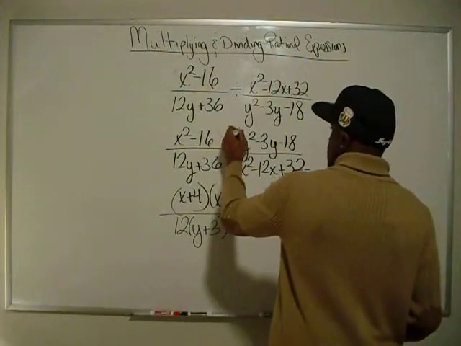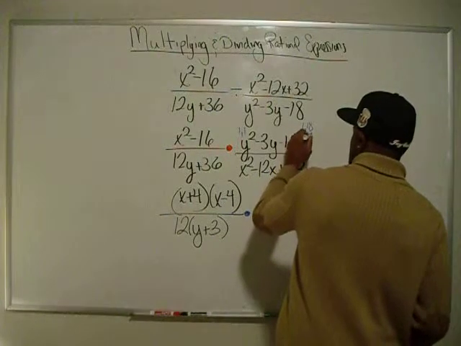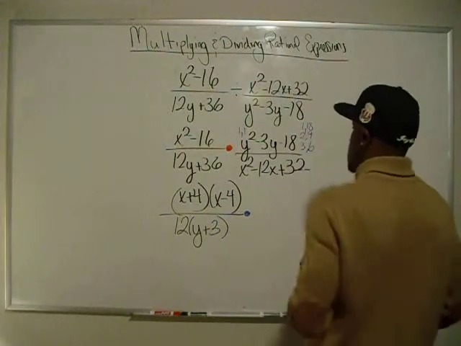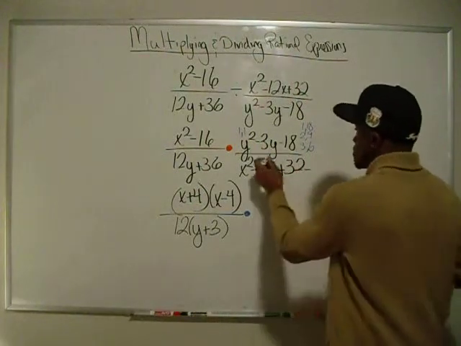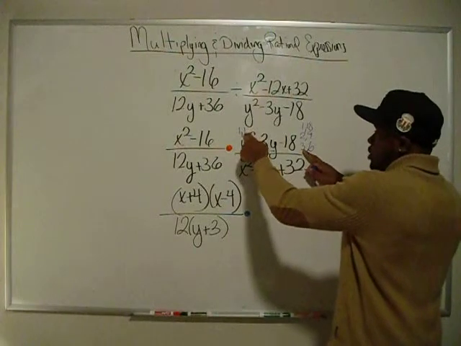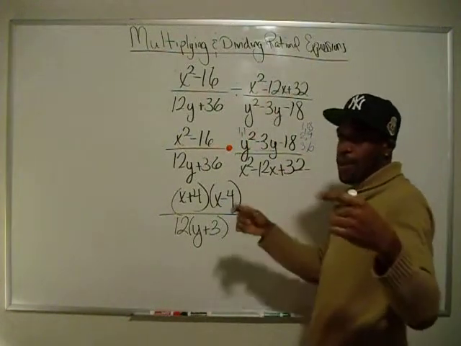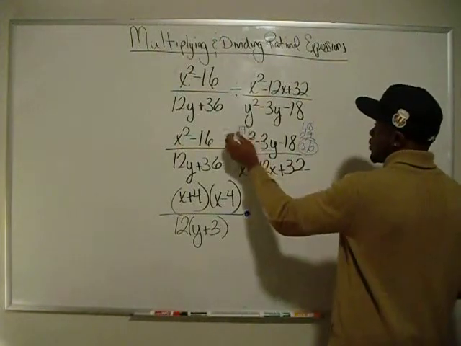Factors of 18 are 1 and 18, 2 and 9, 3 and 6. What gives me 3 in the middle? 6 times 1 is 6, 3 times 1 is 3, 6 minus 3 is what? 3. So, I'm going to use these guys right here.